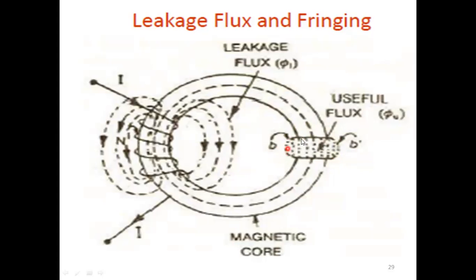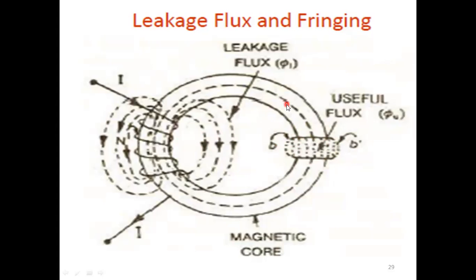If the fringing is increased, then the flux density will decrease, since it is inversely proportional: flux density is phi by A. Because of the increase of fringing, the area will increase, so the flux density will decrease. So this is nothing but fringing. Here the leakage flux, this is the useful flux.